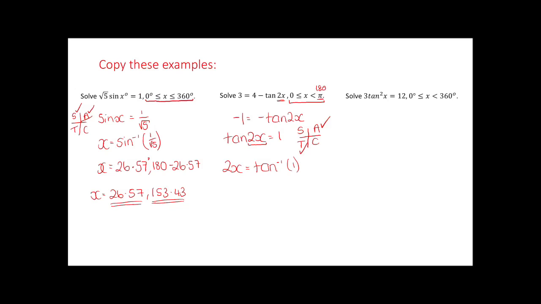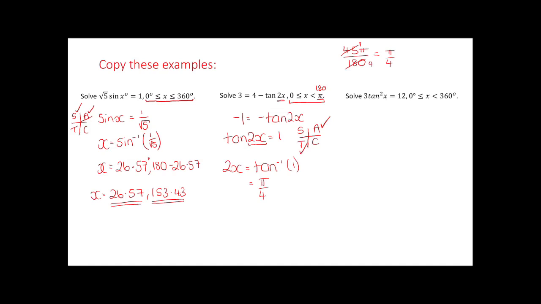So tan inverse of 1 is 45 degrees and 45 degrees is pi over 4. Remember, if you were working in degrees and you wanted to figure that out, to change 45 into radians, you times it by pi over 180. So you would have 45 pi over 180. 45 fits into 45 once, 45 fits into 180 four times, and that's where that pi over 4 is coming from.